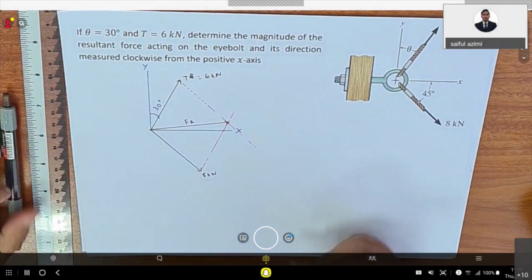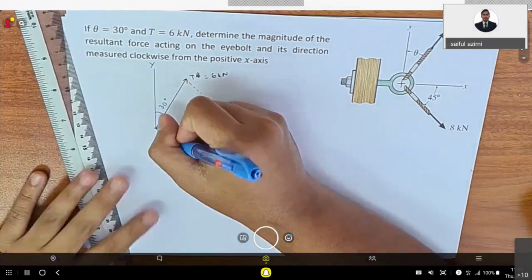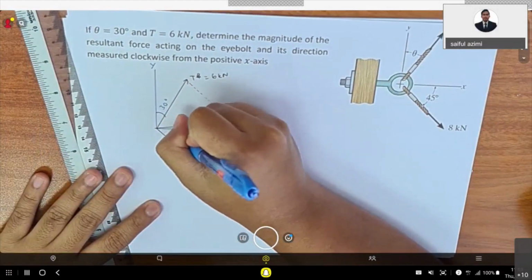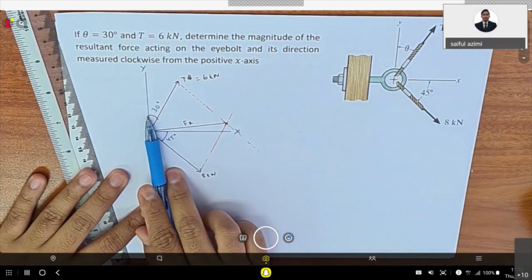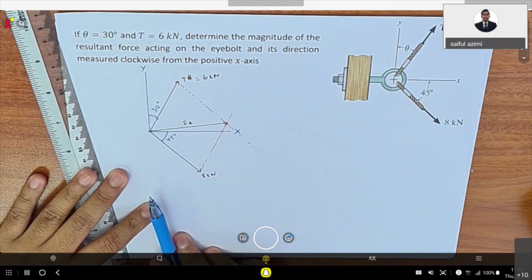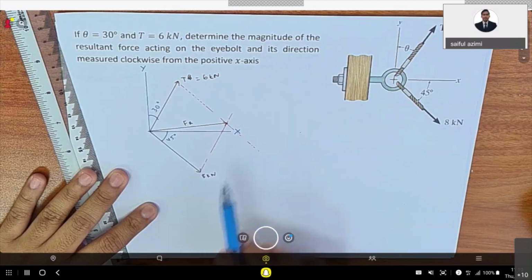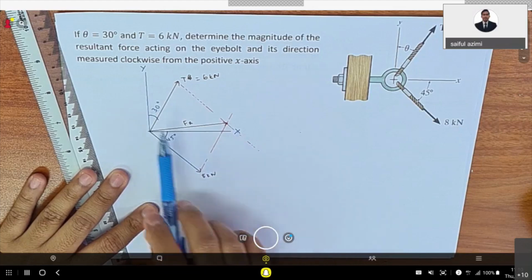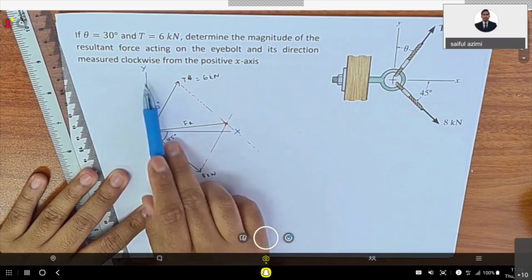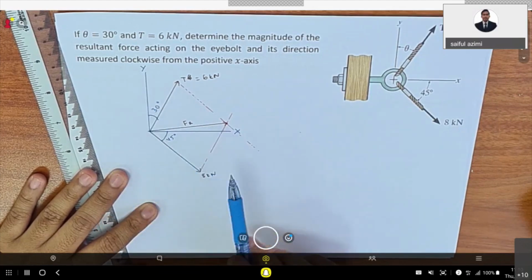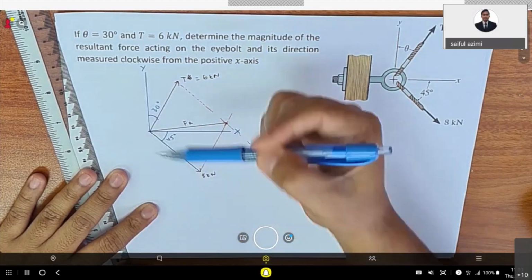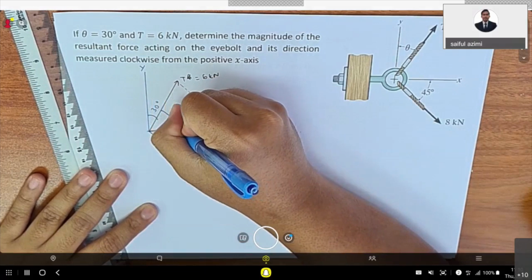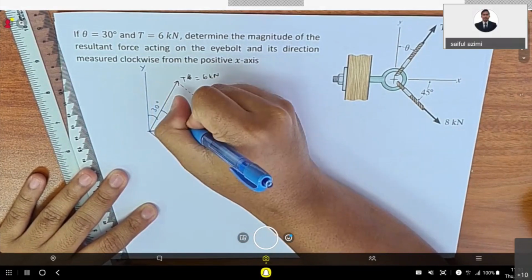It has been given here: the angle from here to here is 45 degrees, and this is 30 degrees. For the parallelogram, the other angle that you have is here. You have the x-axis here and the y-axis here, so the angle between the y and x-axis equals 90 degrees. So the angle from here to here is 60 degrees.